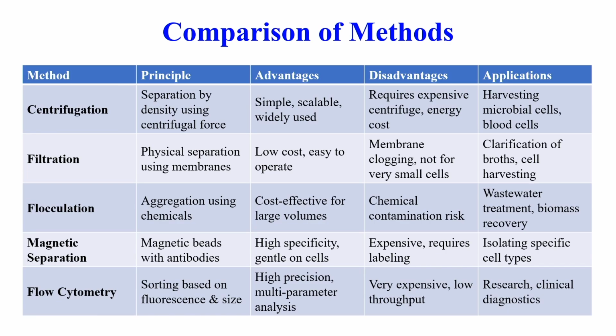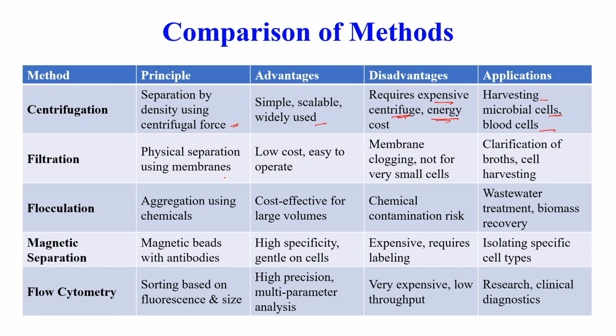Centrifugation is separation by density using centrifugal force. It is simple, scalable and widely used, but it requires an expensive centrifuge and also requires energy for its operation. It is used for the harvesting of microbial cells, and sometimes also to separate blood cells.